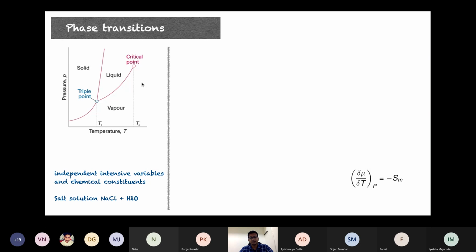The idea about a critical point is that beyond that point you cannot distinguish between the two phases. That kind of scenario you may not get for solid-solid transitions. So the existence of a critical point for solid-solid transition is almost negligible.